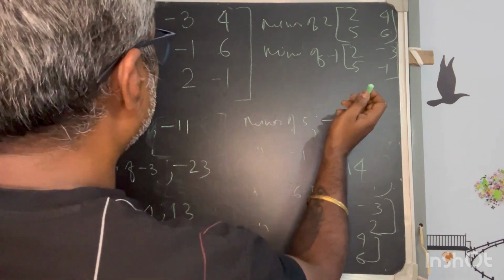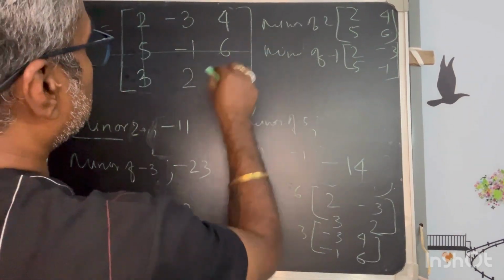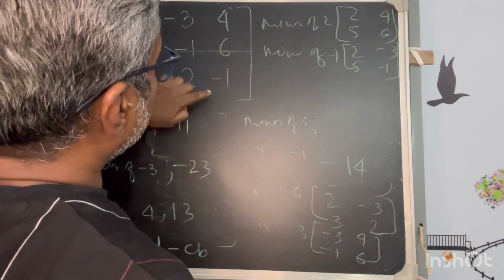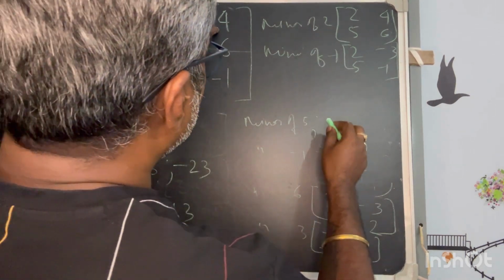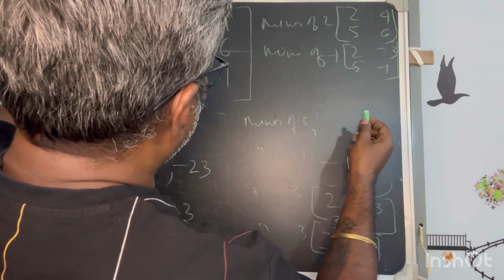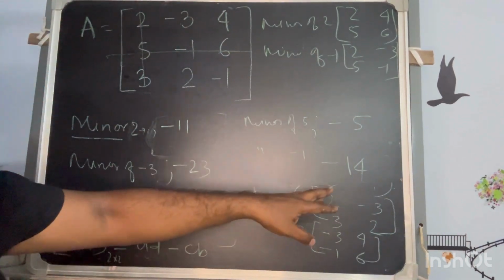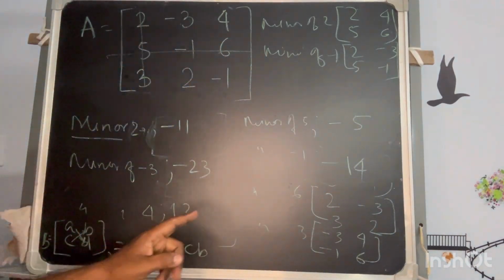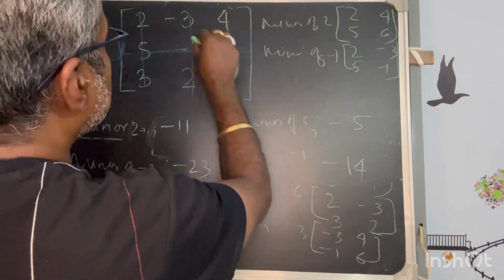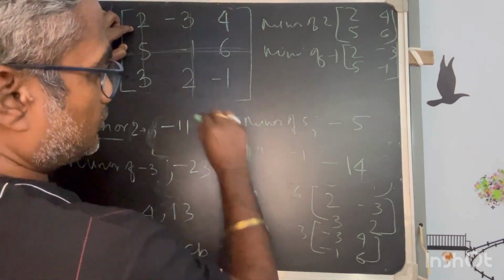This 5 and this will cancel. 3 into minus 3 minus plus 3 minus 8, so minus 5. Sorry, I made it wrong, I suppose. So this will be like this. Now 1 is this and this, so 2 into minus 1 minus 2, 12, 14 also.